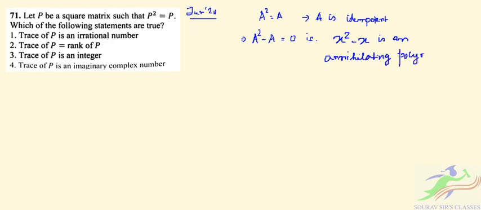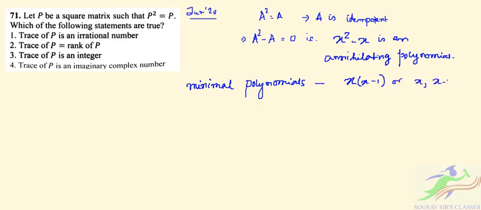Right? Polynomial. So the minimal polynomial can be x, or x minus 1, or x comma x minus 1, right?